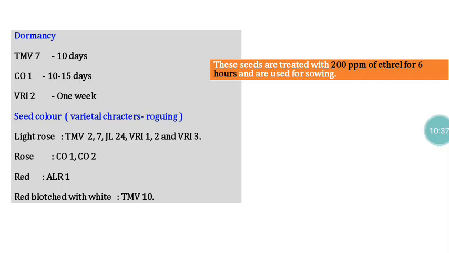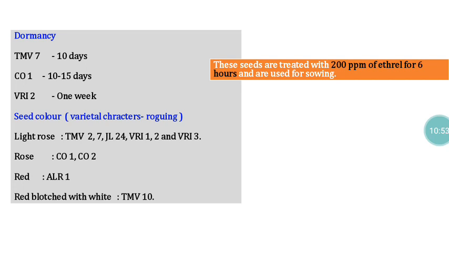Then some other groundnut varieties have a dormancy, for example TMV7 has a dormancy period of 10 days. Similarly CO1 has a dormancy period of 10 to 15 days. VRI2 has a dormancy period of 1 week.